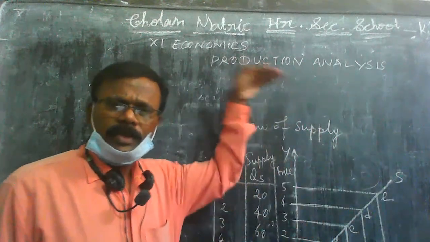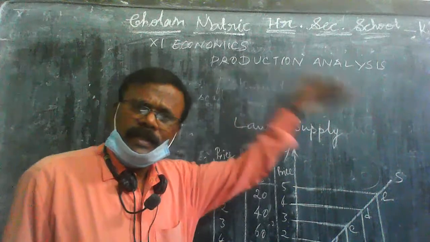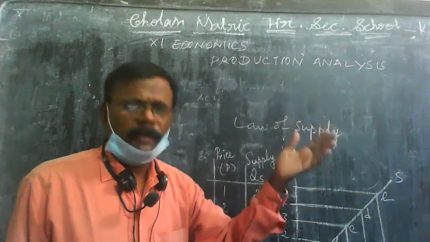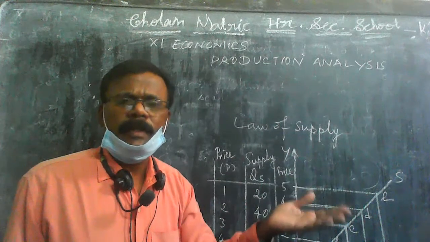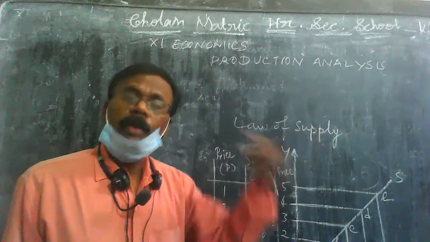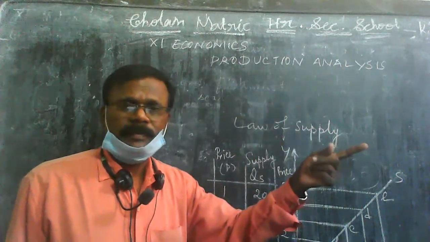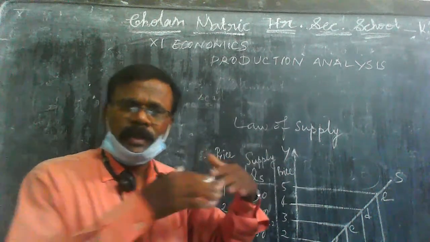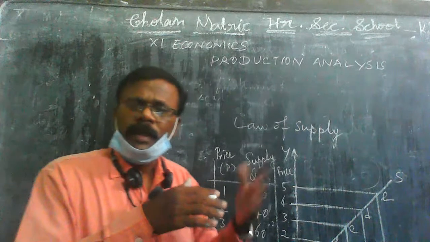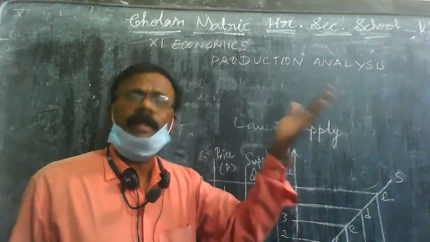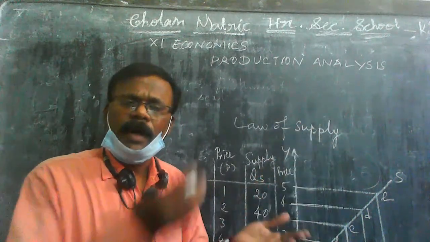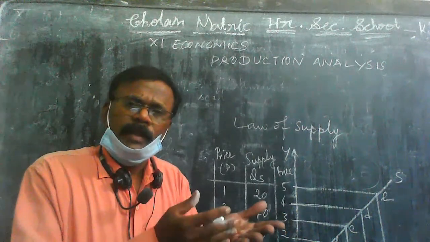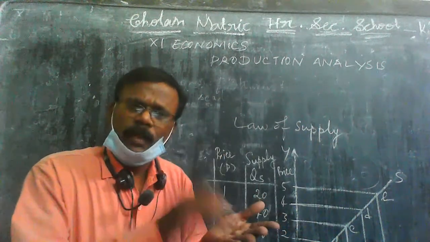So in increasing returns to scale, if all the inputs are increased, then output increases by more than 1%. Then another case, that is constant returns to scale. If all the inputs are increased, then output increases by exactly 1%.